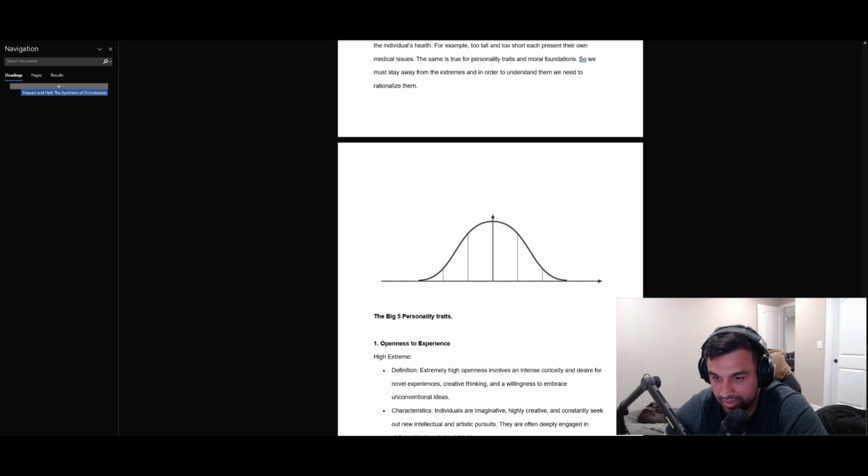And if you just imagine the x-axis is the dichotomy, the true dichotomy, these extremes over here are impossible. What is the most neurotic human? What is the least neurotic human?